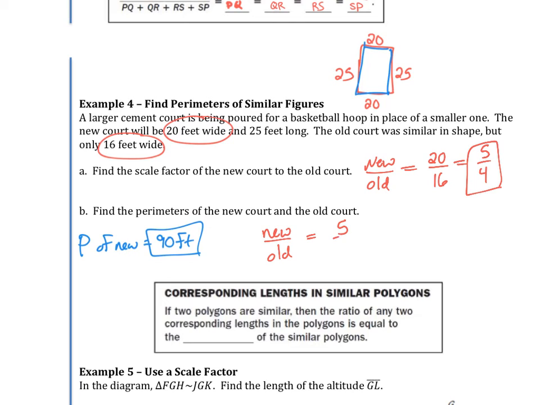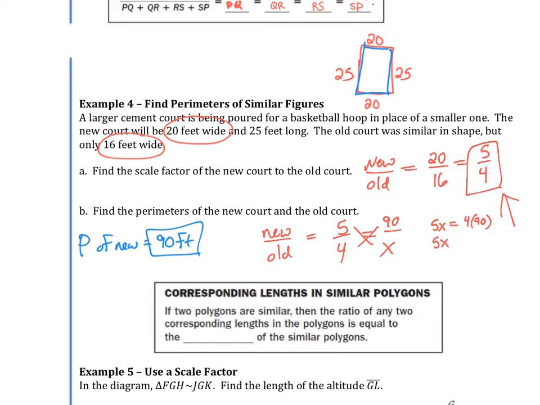So to find the old court perimeter, we would do new over old. And we said new over old is equal to 5 over 4, right? That was from over here. The new perimeter is 90. The old perimeter we're going to call x. So 5 over 4 equals 90 over x. Again, because it's new over old. And if we cross multiply, we would get 5x equals 4 times 90.